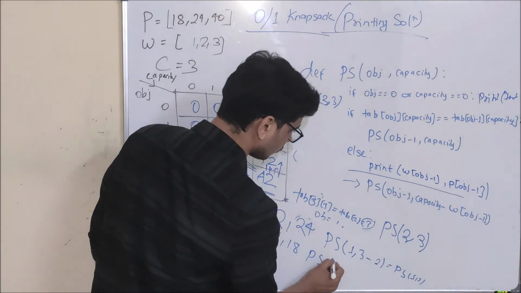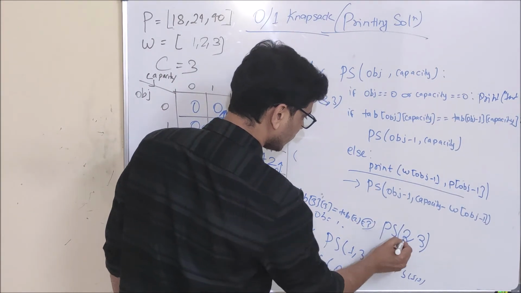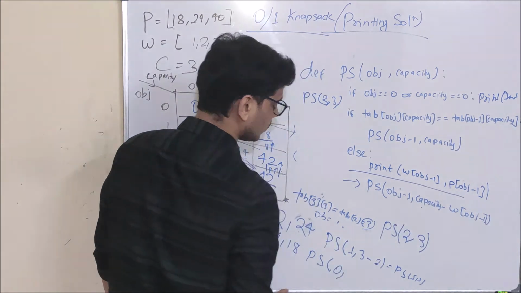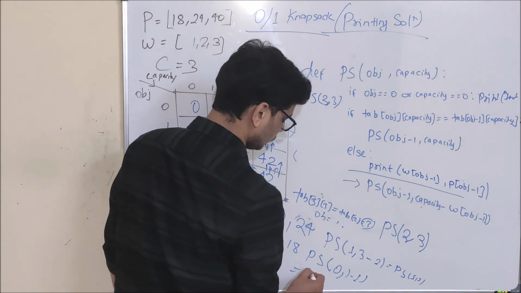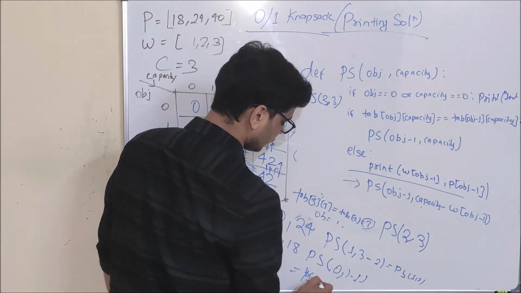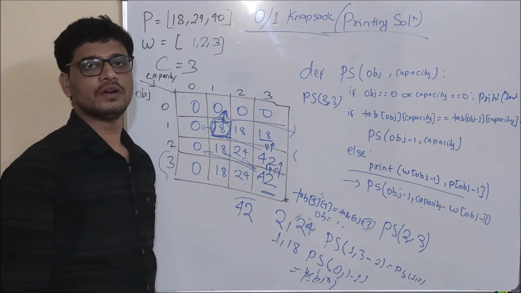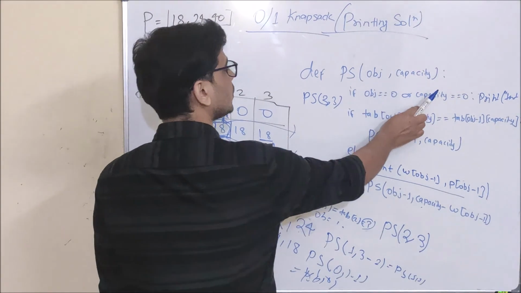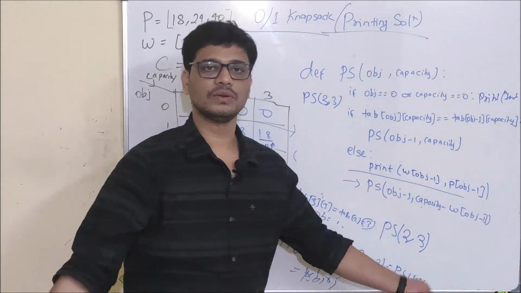We will make a function call to PS of object minus 1. Object is 1, so 0, comma capacity minus weight of the object. What is the capacity? 1. And what is the weight of the object? 1. So we will make a function call to PS of 0 comma 0, and when PS of 0 comma 0 executes, the base condition will be true, and we will print that's all. This is what you can take.